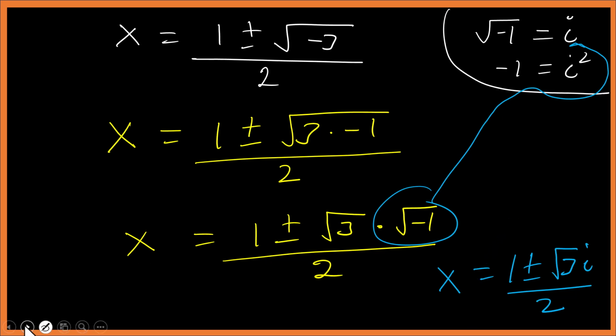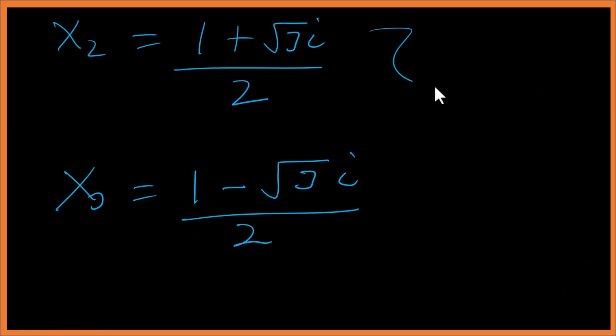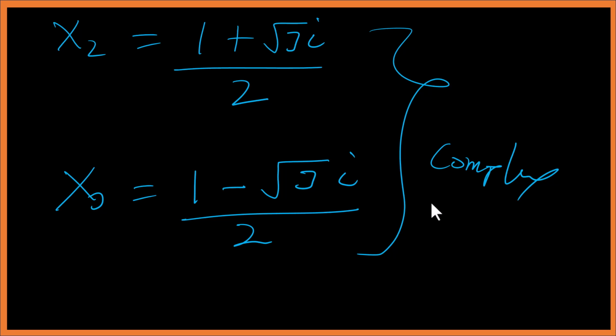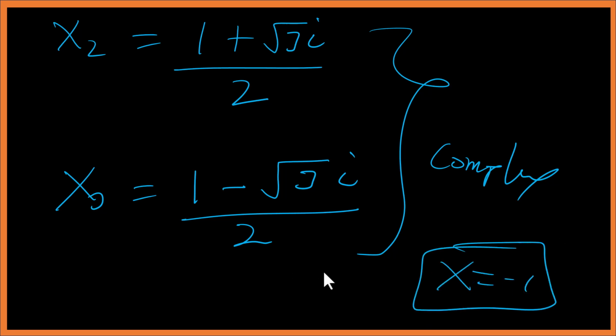All right, so from here we can say that these solutions are complex. So let's stick to x equals -1 and verify if it will satisfy the equation. Remember, the question says x cubed equals -1.